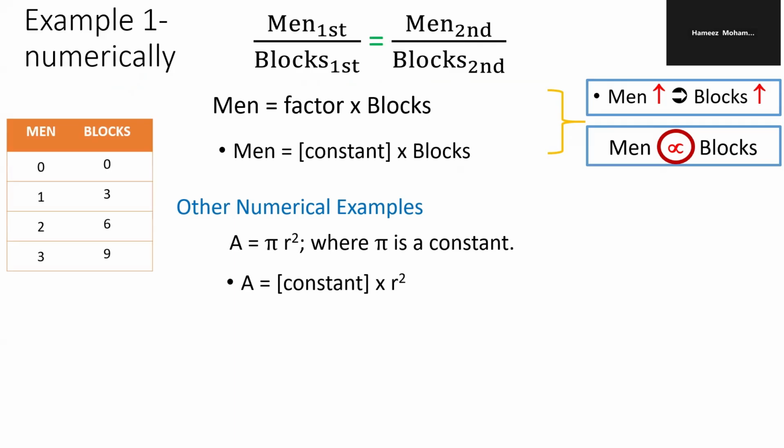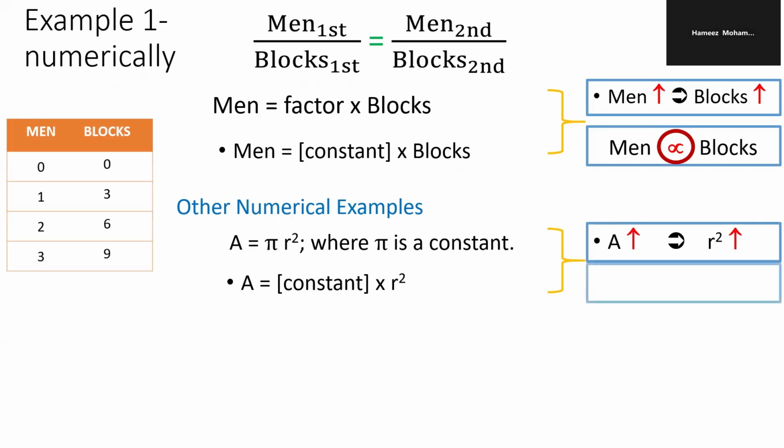It gives the same idea as men with the blocks, that relationship. So we can say as the area increases, then not r, but r squared increases. And we'll do an example coming up showing that. Or it can simply be written as A is proportional to r squared.